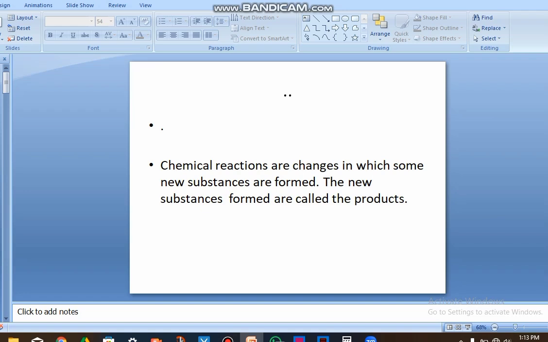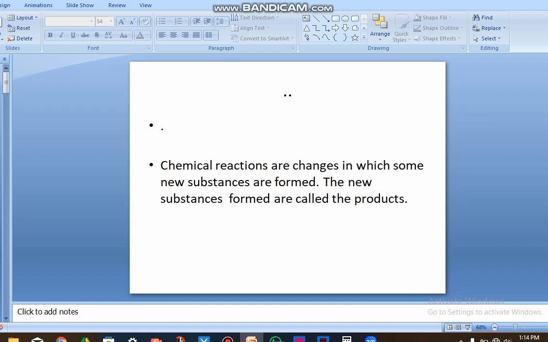So please take note. The reacting substances, or the reacting elements or compounds, at your left side are called the reactants. They are the ones that are reacting. While the formed compound at your right side is called the product. Chemical reactions are changes in which some new substances are formed.